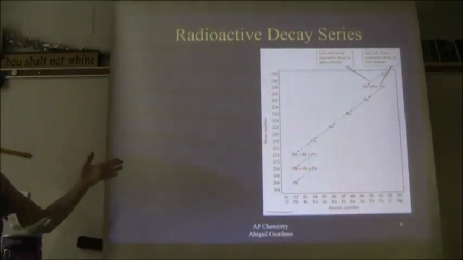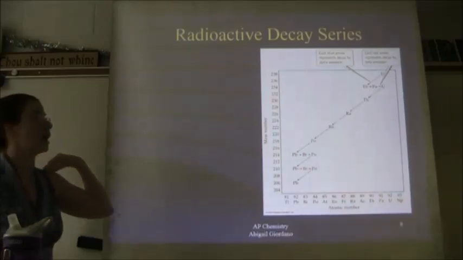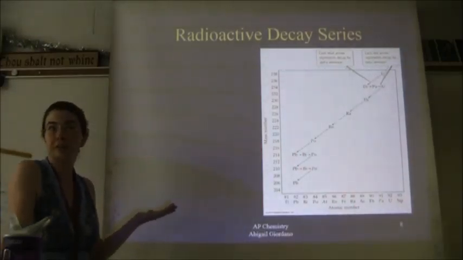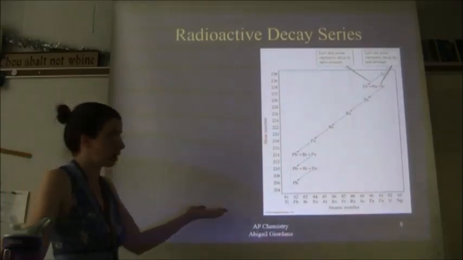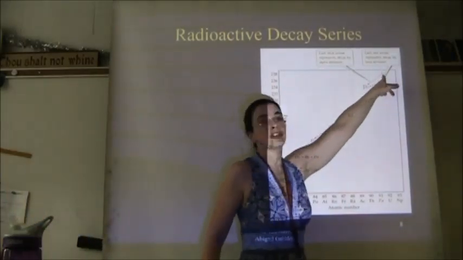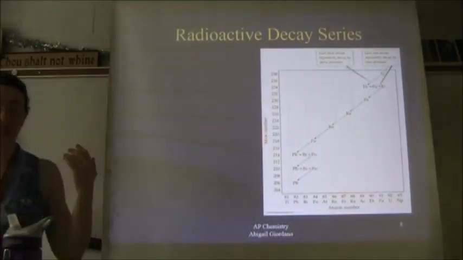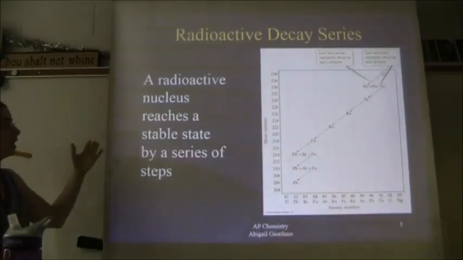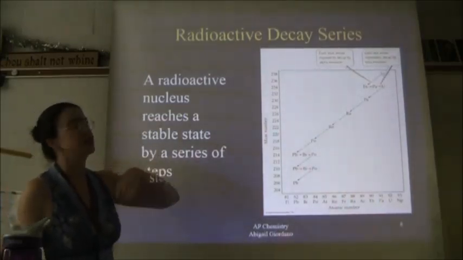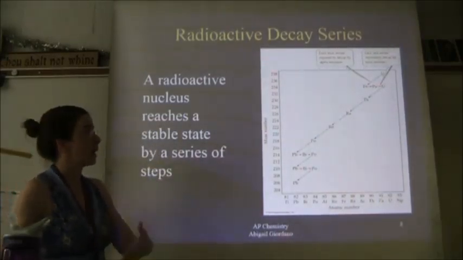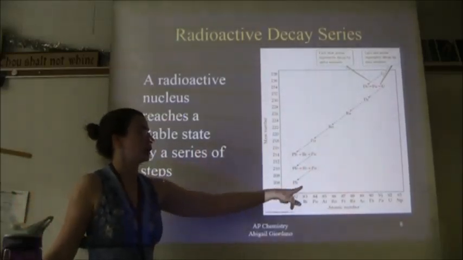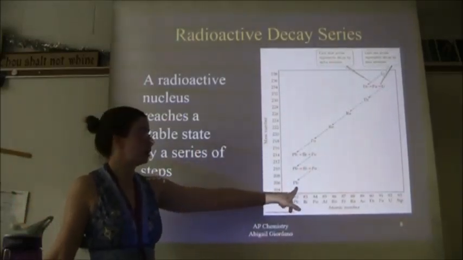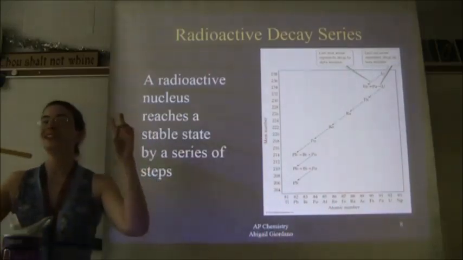And this is exactly how, like, a nuclear bomb works. Okay, like a uranium bomb, this is how it would work. You start with this radioactive element, and it undergoes a series of alpha decays, beta decays, until it reaches something like lead, for example, that is what they call stable.